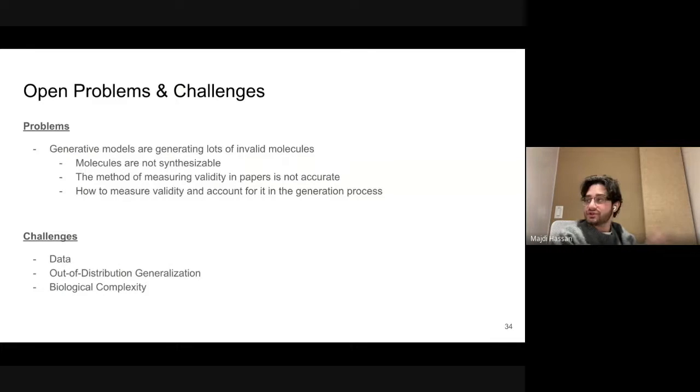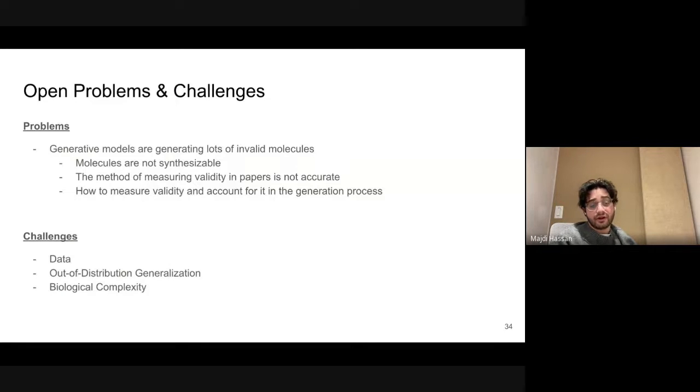A lot of times these generative models will produce molecules that are not synthesizable. They're just really weird or really reactionary. So these methods of measuring validity are not so accurate, and I think work is needed to better measure this validity and account for it in the generation process.